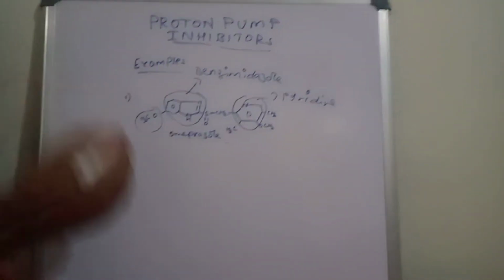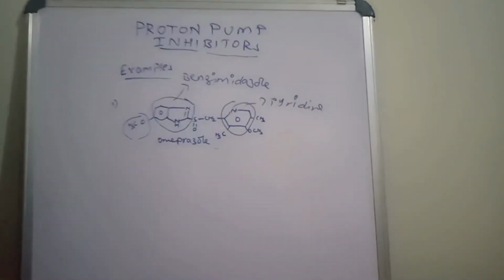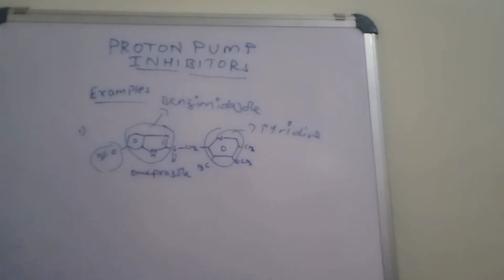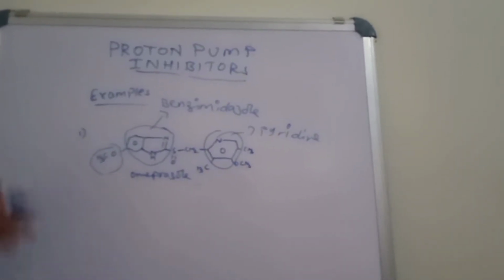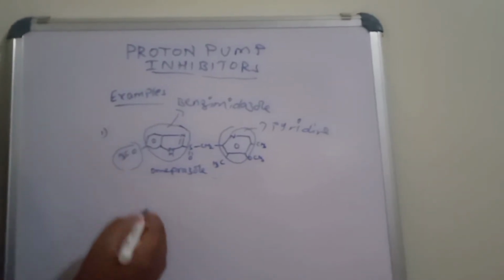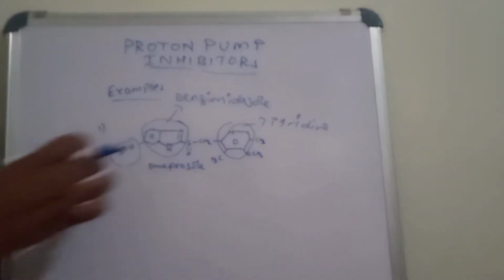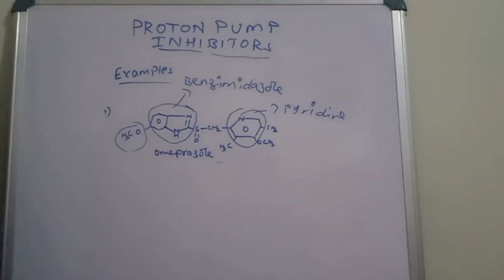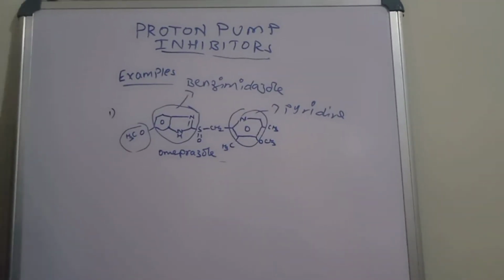We have already seen proton pump inhibitors, how they pump the hydrogen from outside the cell into the inside of the stomach. We have already seen how the proton is pumped by using the proton pump or hydrogen potassium ATPase. Now what will this drug do? This drug will bind with the proton pump or hydrogen potassium ATPase.